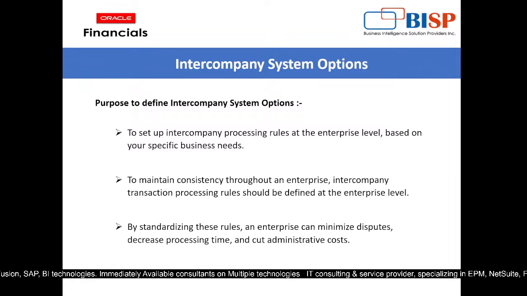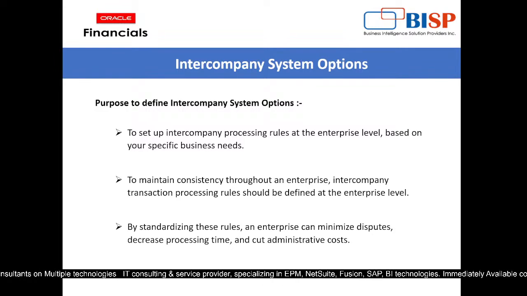For example, whether to enforce an enterprise-wide currency or allow intercompany transactions in local currencies, allow receivers to reject intercompany transactions, and determine the minimum transaction amount required to be processed. So the purpose of defining intercompany system options is to set up intercompany processing rules at the enterprise level based on the specific business needs.